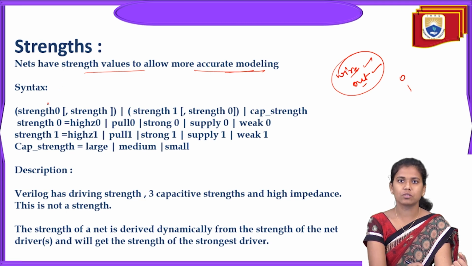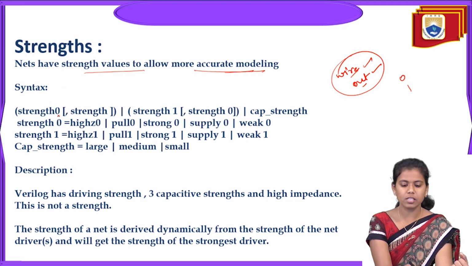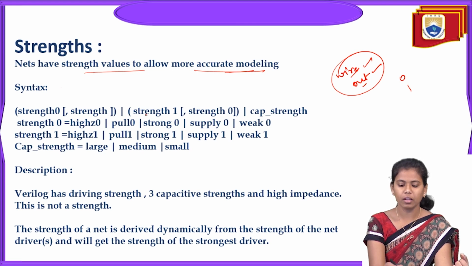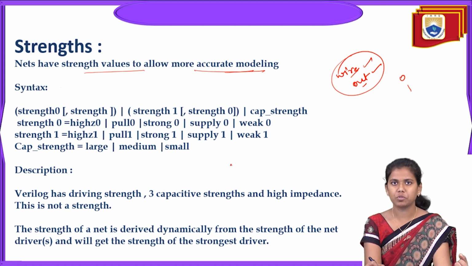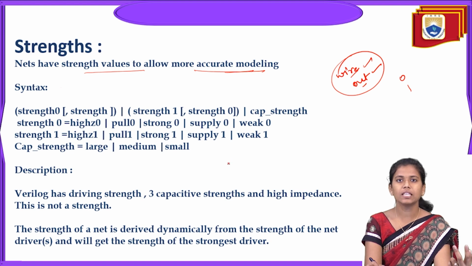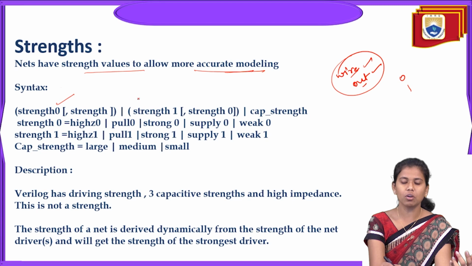So here the syntax goes like this: strength 0, strength 1 and the cap strength. Here we are seeing 3 types of strengths: strength 0, strength 1 and the cap strength.